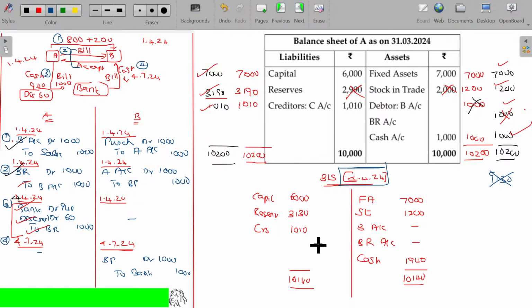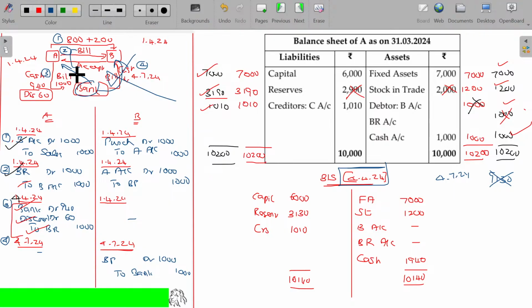When is it happening? 4/4/24. As per the information given, I just prepare the balance sheet. But what happens, on 4/7/24, the banker approaches B, he fails to pay, automatically he comes to whom? A. Because A's responsibility being secondary. His liability being secondary.